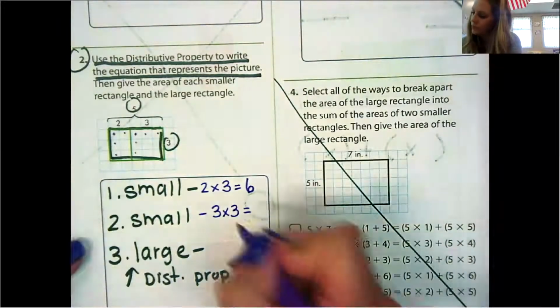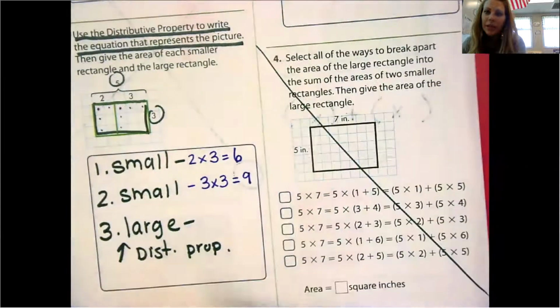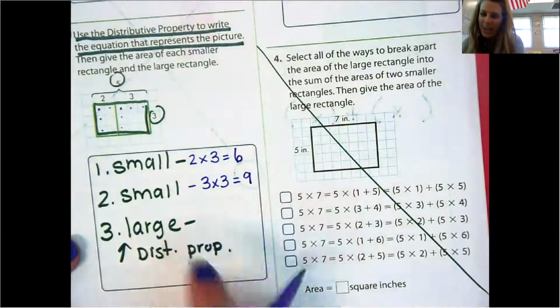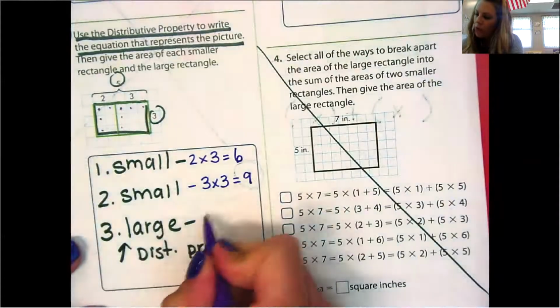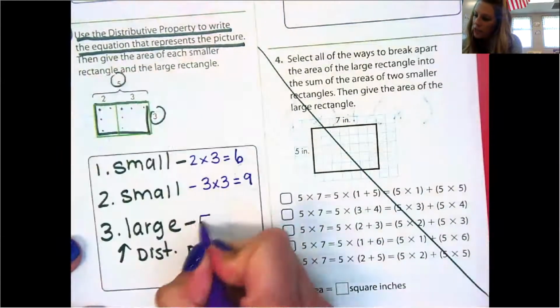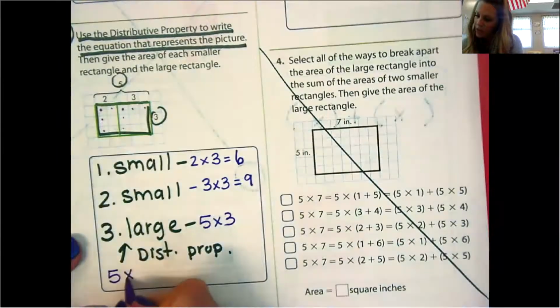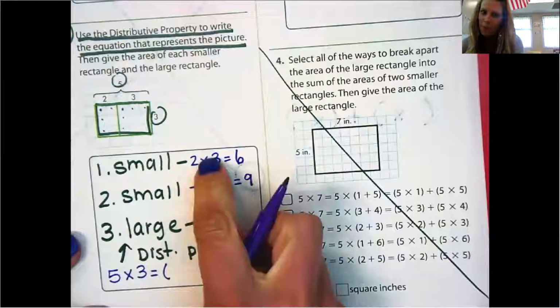So that multiplication problem should be 3 times 3 equals, you should be able to tell me right away what it equals, 9. So then if they wanted us to break it apart in distributive property with the large one, yours might not look exactly like mine, but that's okay. But the large one was 5 times 3, right? So it might look something like this. 5 times 3 equals, and then we broke it apart, right?